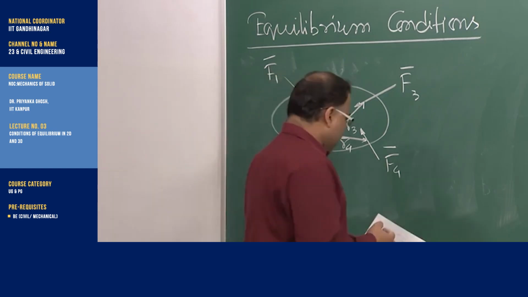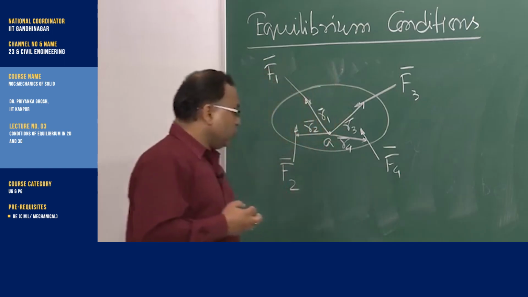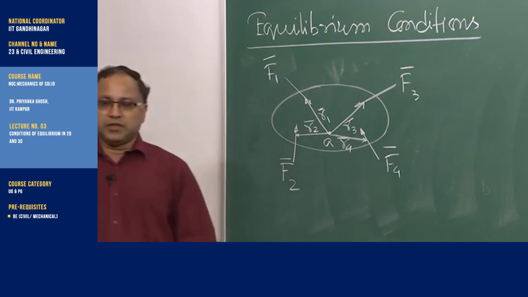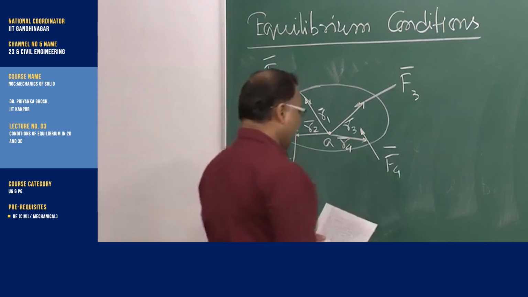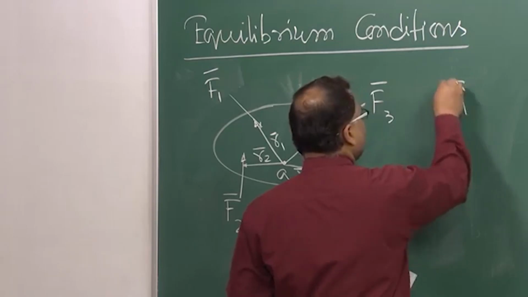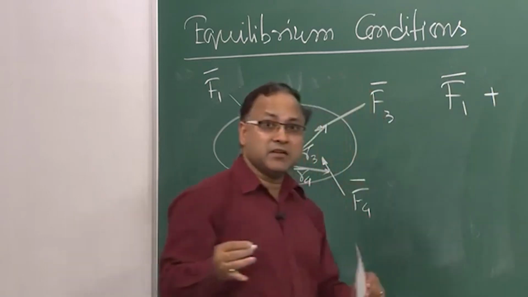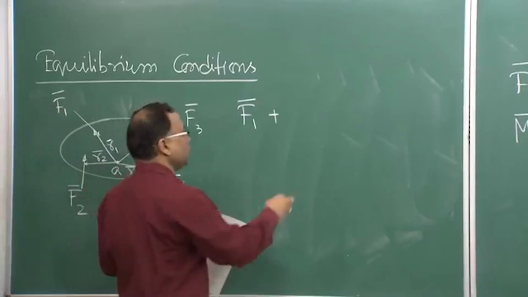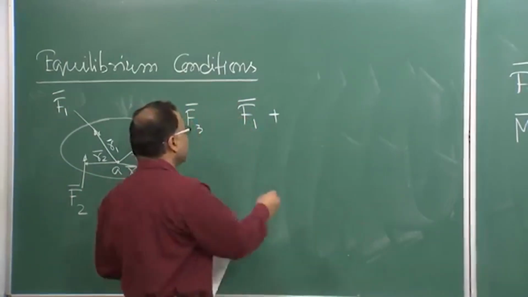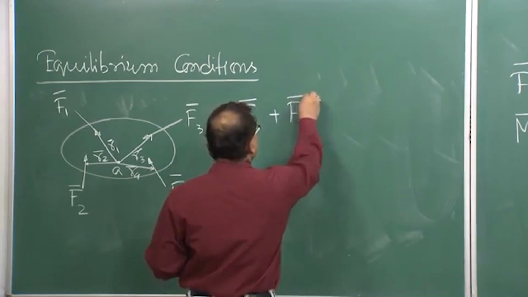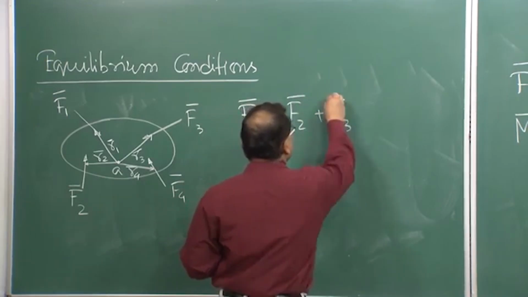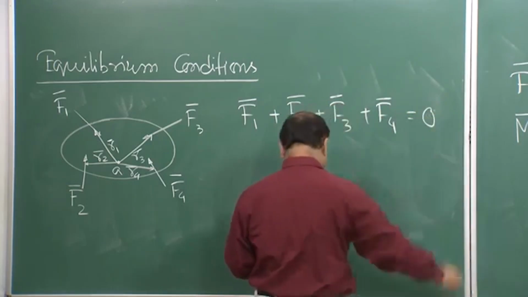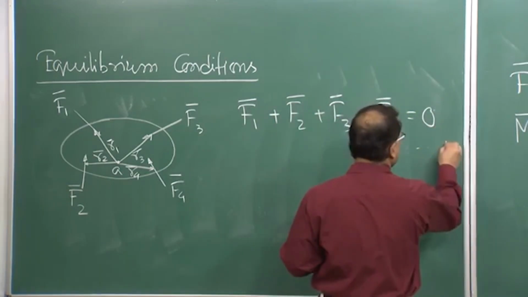So, now if I want to establish these relations, that is the equilibrium conditions, what can I write? I can simply write, because the resultant force must be a 0 vector, the summation of all the forces must be 0. So, F1 plus F2 plus F3 plus F4 equal to 0. So, that is my equation 1.